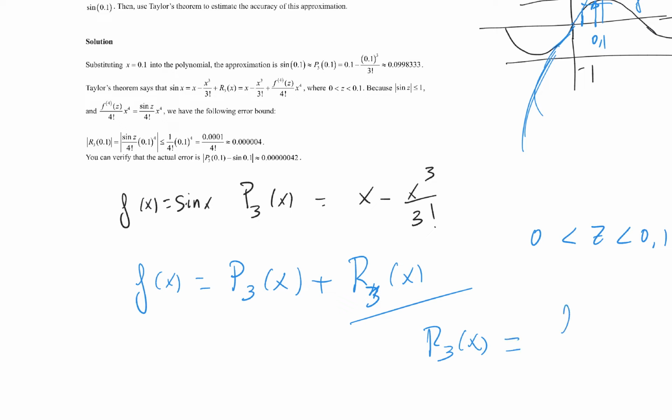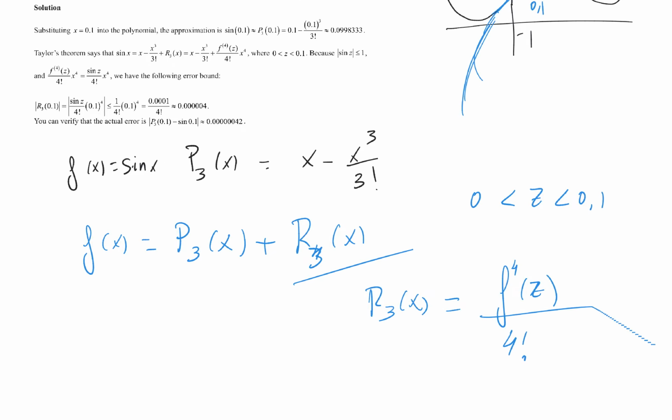R3 will be the fourth derivative evaluated at z divided by 4 factorial, multiplied by x to the 4. So this is the error.